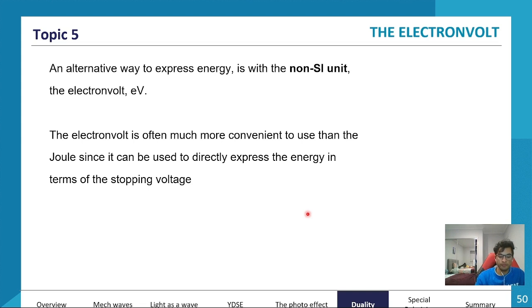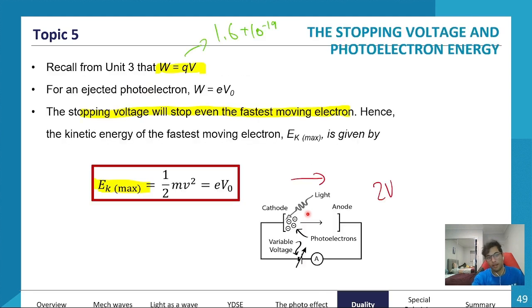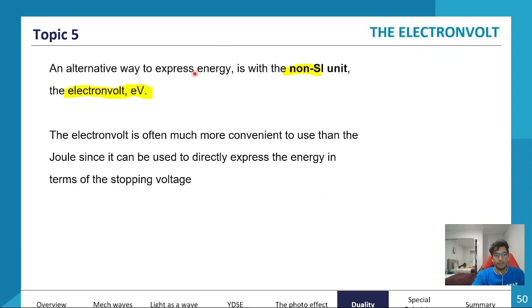There's another unit to calculate energy, a non-SI unit called the electron volt. Since we're multiplying everything by 1.6 times 10 to the negative 19 a lot, we use a different unit to help out, called the electron volt.